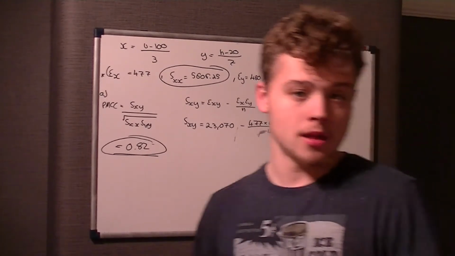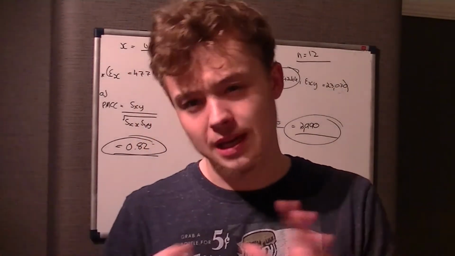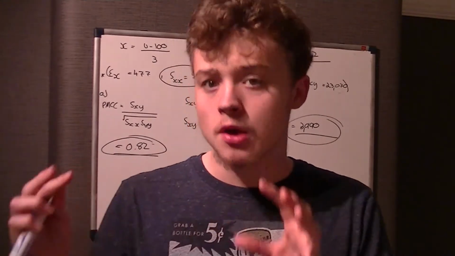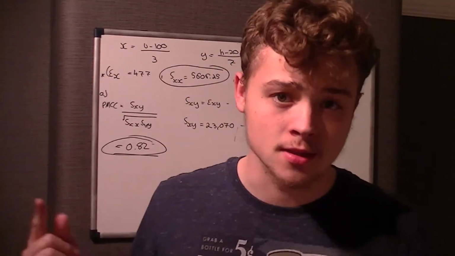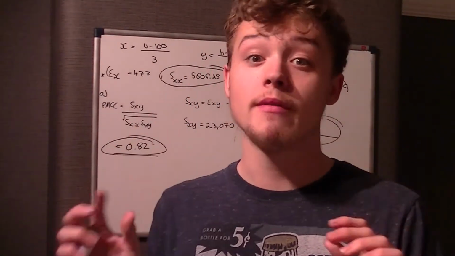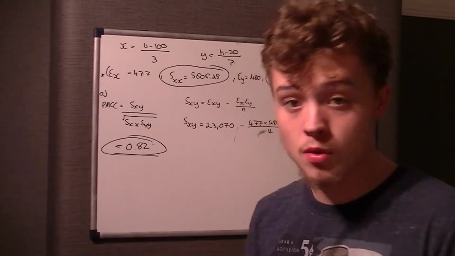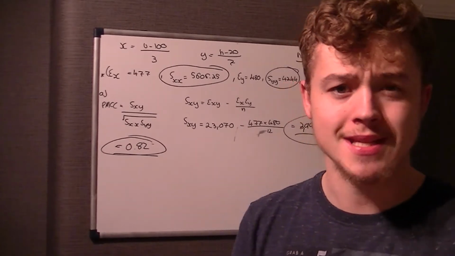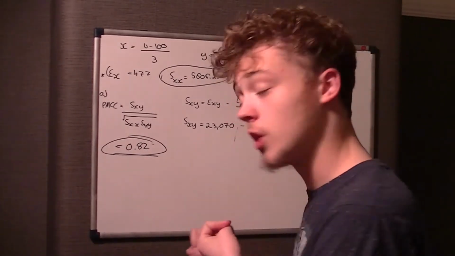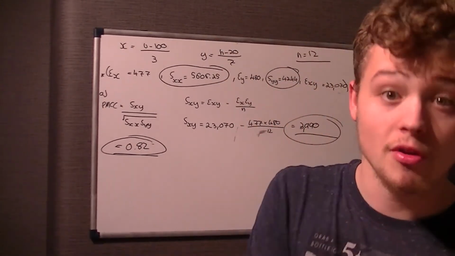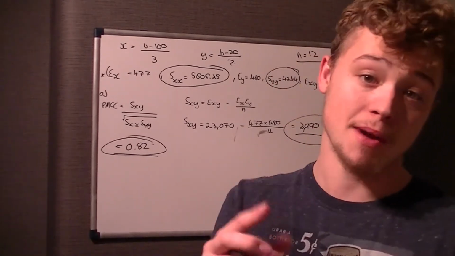The exam board lets you have a good range of answers for this, but the key words they're looking for are something to do with it being positive, so yes, the bank statement is correct, and it's quite a strong relationship as well. So that further substantiates the bank's claim.